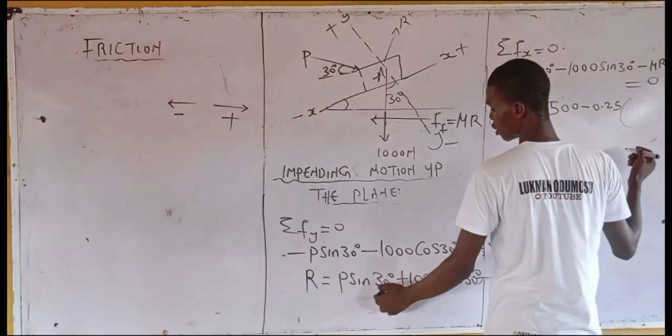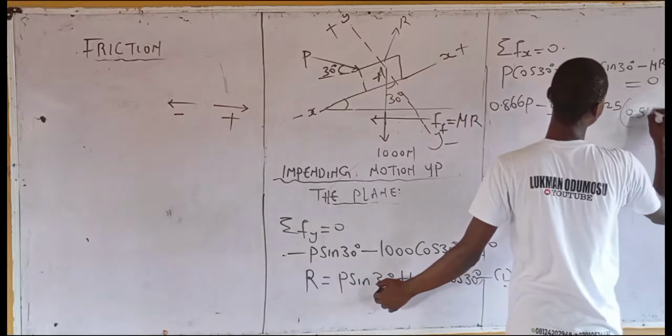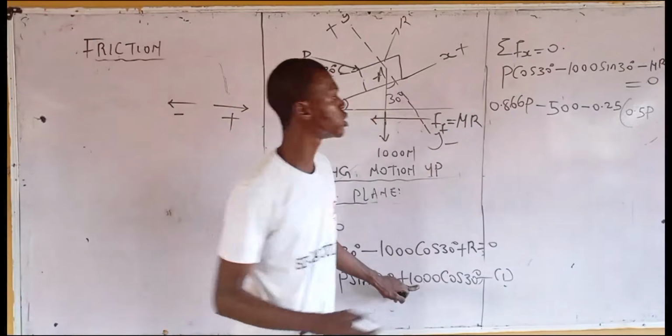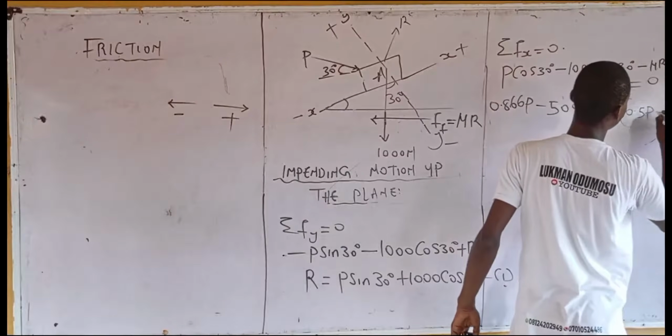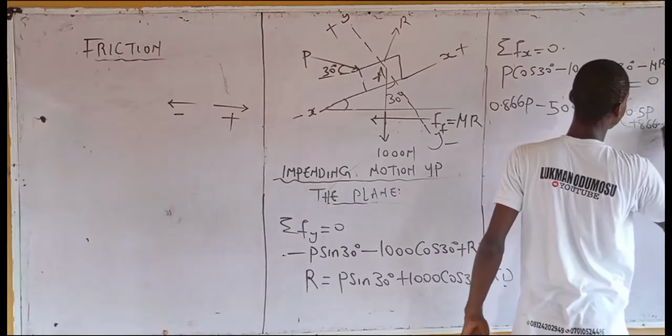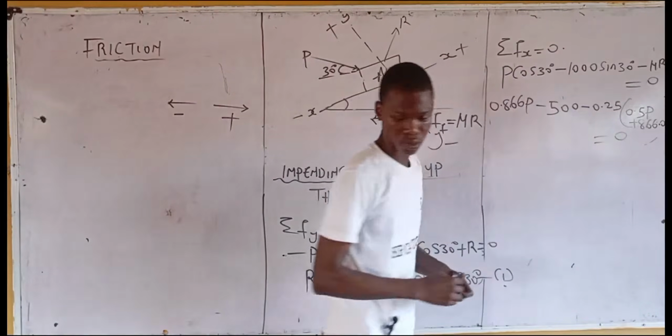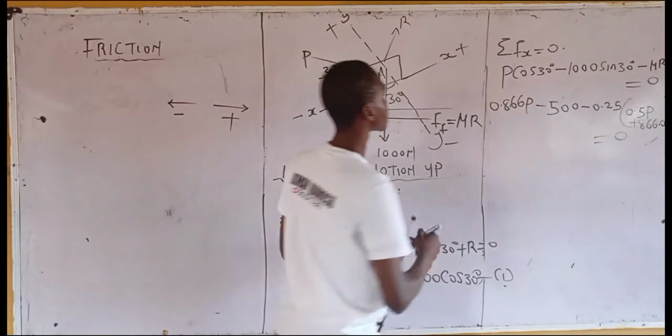What do you have? 0.5 P, sin 30, plus 866.03. Close your bracket. Equate that to 0.